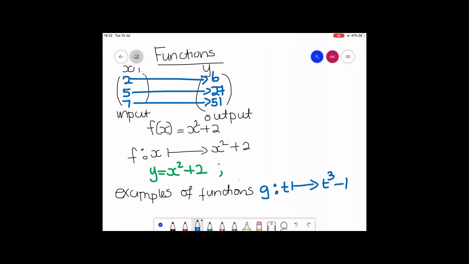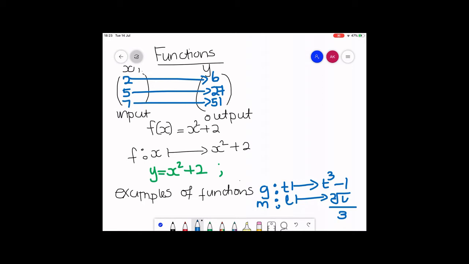You can also have a function written as m such that L is mapped onto square root of L divided by 3. That could be another function.